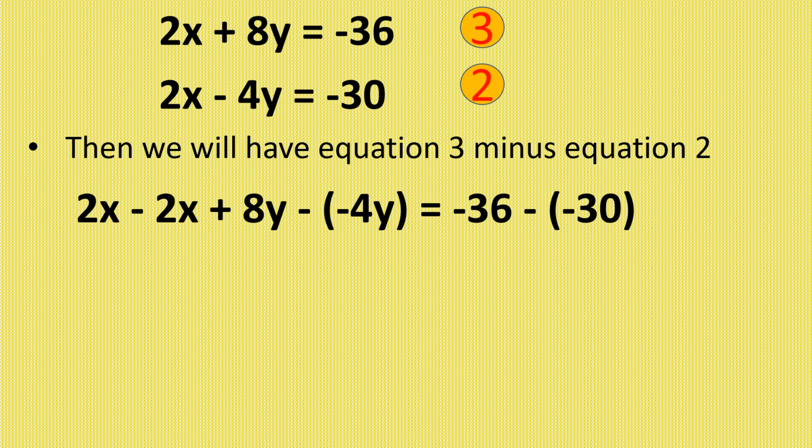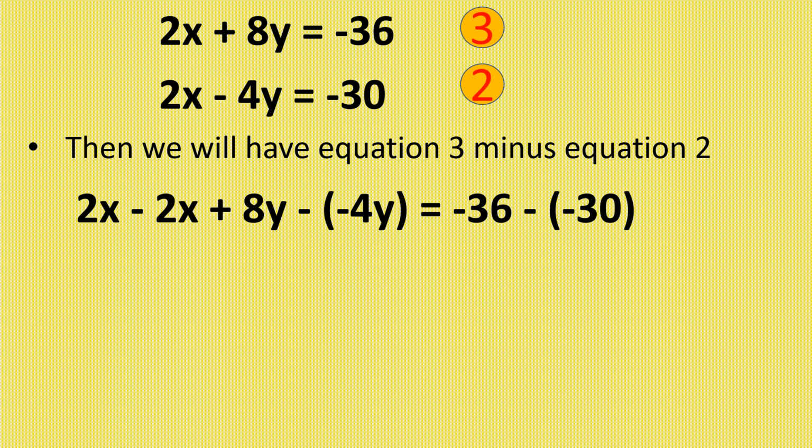Looking at the y terms, you have plus 8y minus, open your bracket, minus 4y is equal to minus 36 from equation 3, and then minus, open the bracket, minus 30 in equation 2.